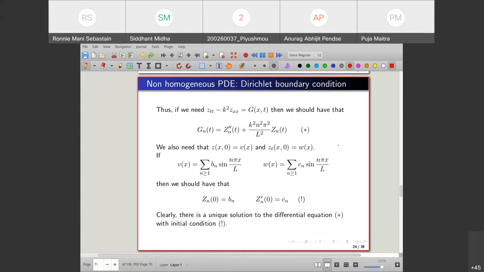So the Z_n's are the unique solution to this differential equation with these two conditions. Thus we would have solved for the Z_n's and therefore for our small z(x, t) as a series, and therefore we would have solved the differential equation.